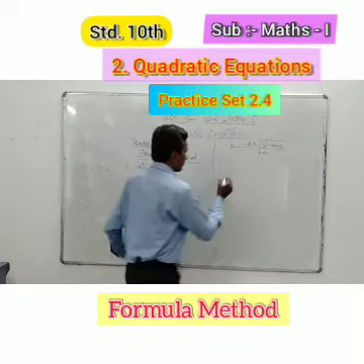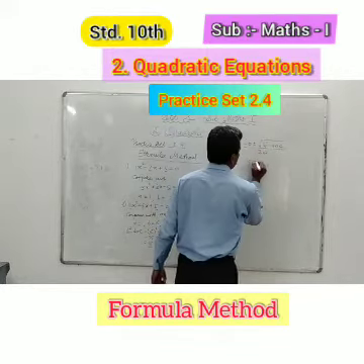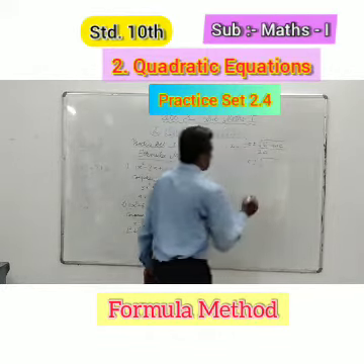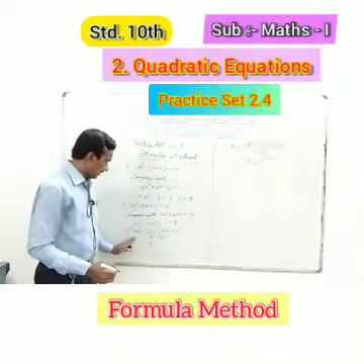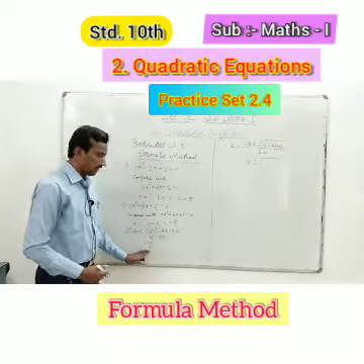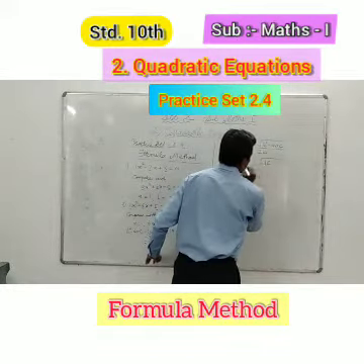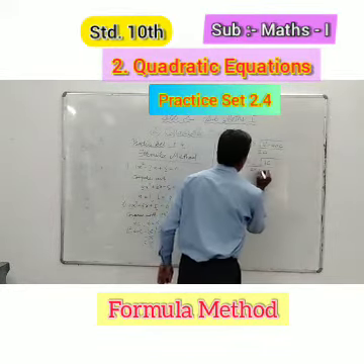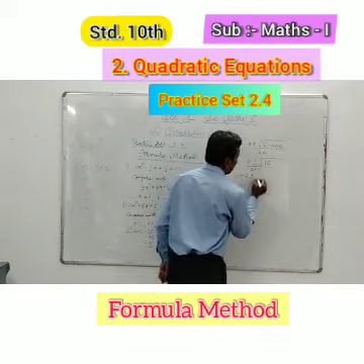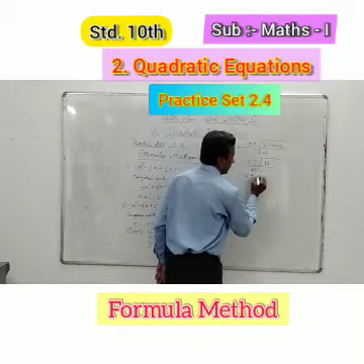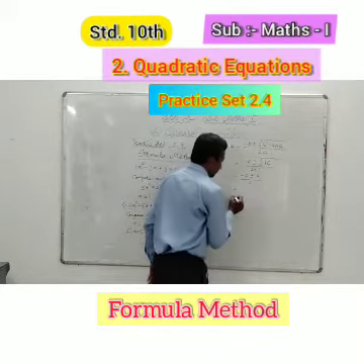Minus, value of b is 6, plus minus under root b square minus 4ac. The value of b square minus 4ac is already found, it is 16. Put the value 16. 2 into a, value of a is 1. Minus 6 plus minus square root of 16 is 4, upon 2 ones are 2.